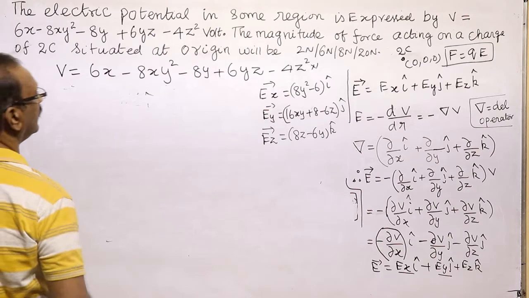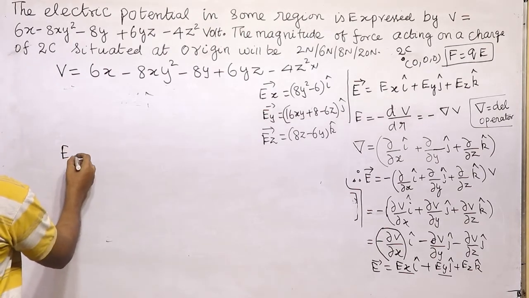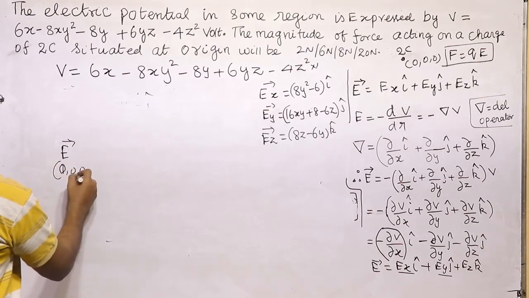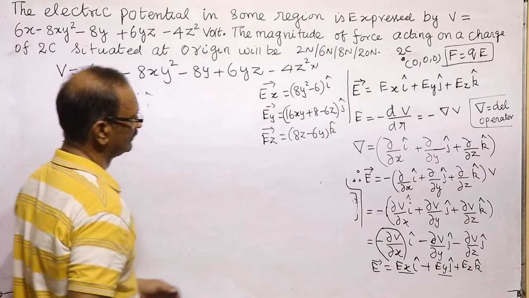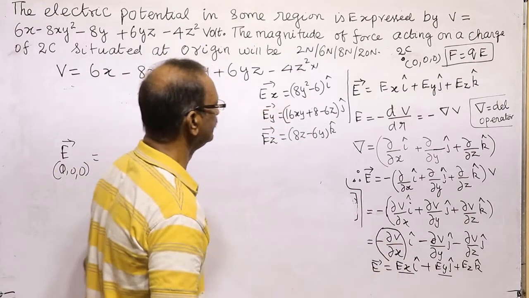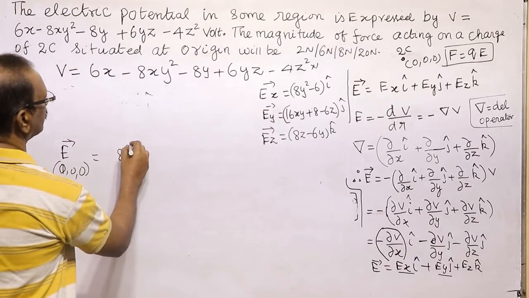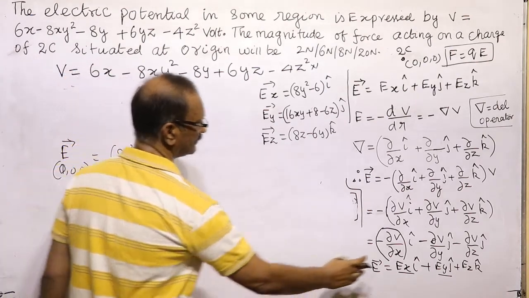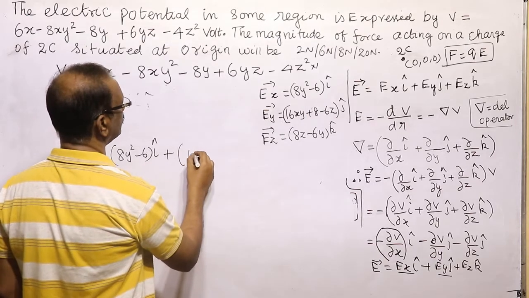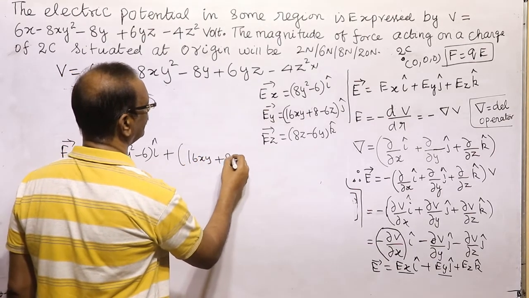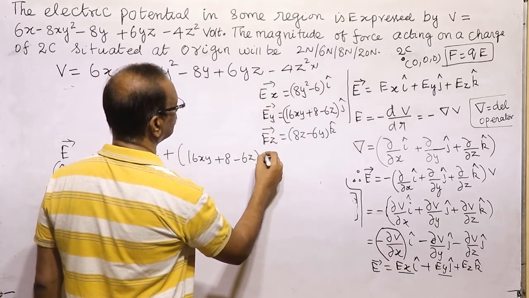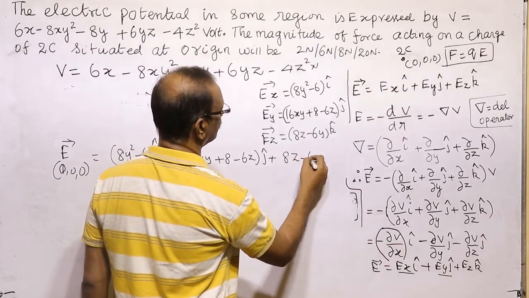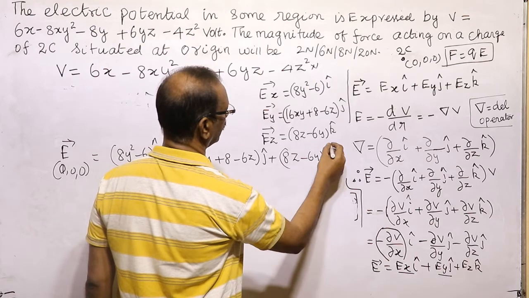The net electric field is equal to Ex i plus Ey j plus Ez k, that is 8y square minus 6 i cap, plus the Ey vector, 16xy plus 8 minus 6z j cap, plus the Ez vector, 8z minus 6y k cap.